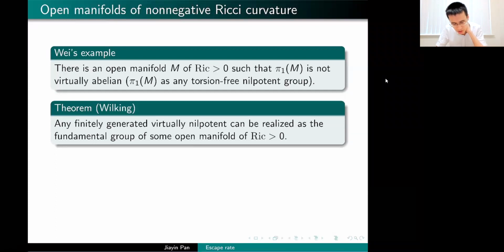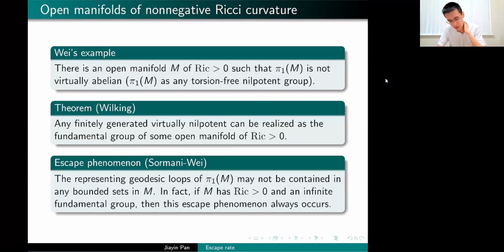The first example was constructed by Wei. She showed that any torsion-free nilpotent group can be realized as the fundamental group of some open manifold of positive Ricci curvature. Then based on this construction, Wilking later showed that any finitely generated virtually nilpotent group can be realized as the fundamental group of some open manifold of positive Ricci curvature.